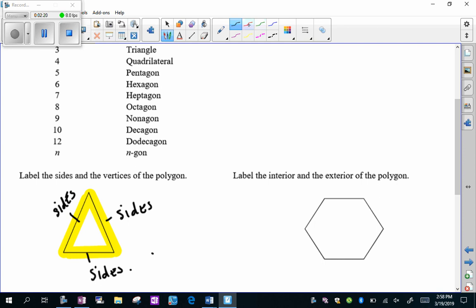So let's label those. That's a vertex, vertex, and vertex. Notice that the number of vertices is the same as the number of sides. I think that's important to know. So the number of vertices equals the number of sides.